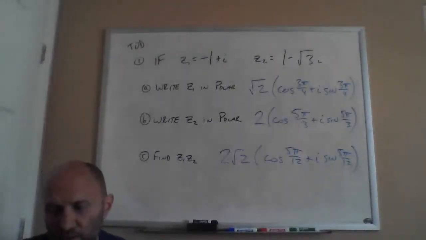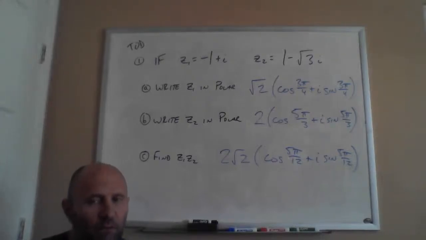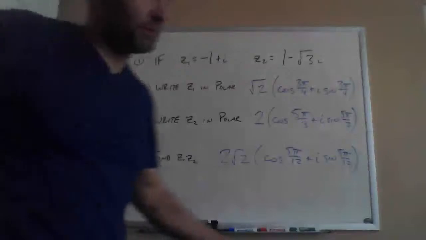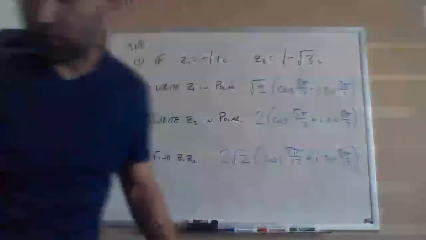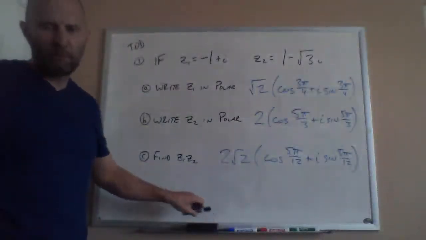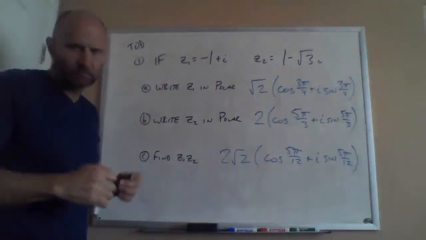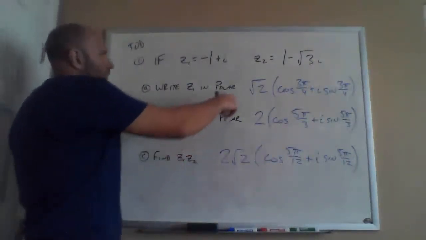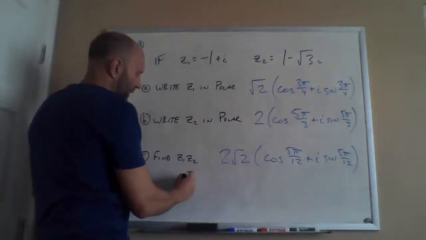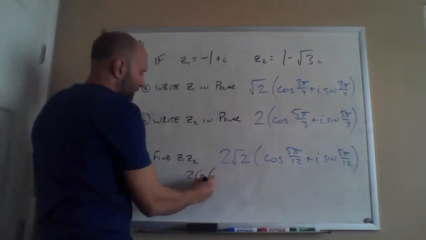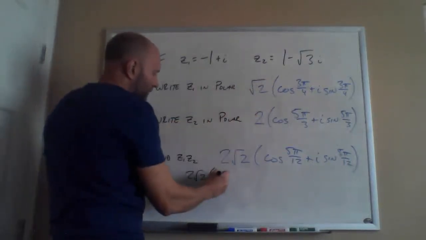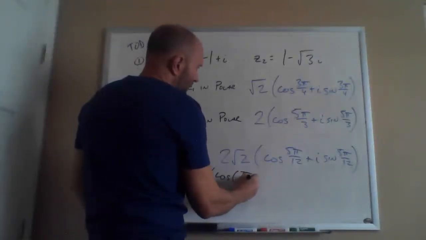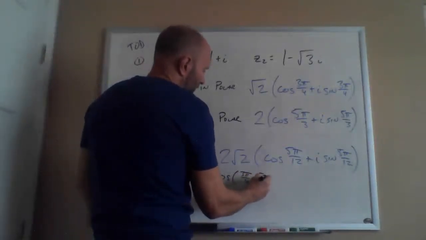So did you get part A and part B, Lisa? Were you able to do those conversions? That's the big thing. If you can do the conversions, then the rest is formula stuff. So for the product, we're multiplying the r's, so 2 times root 2, and then we're adding the thetas. So cosine of 3 pi over 4 plus 5 pi over 3.